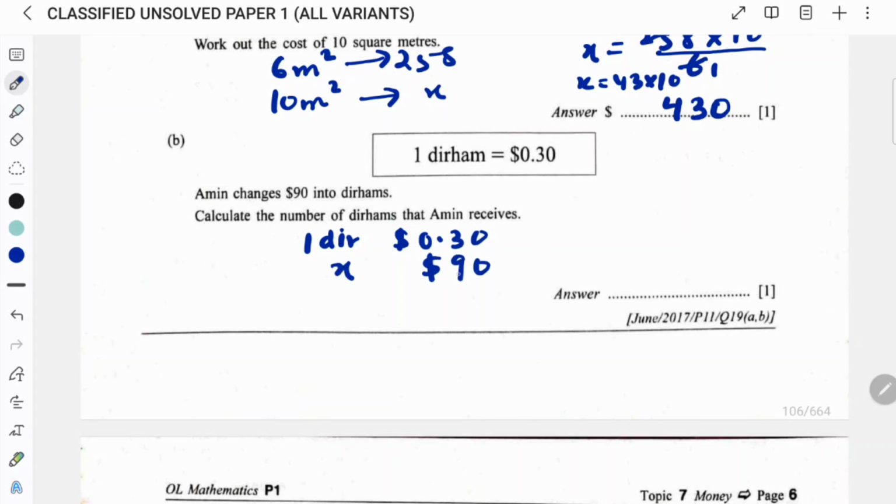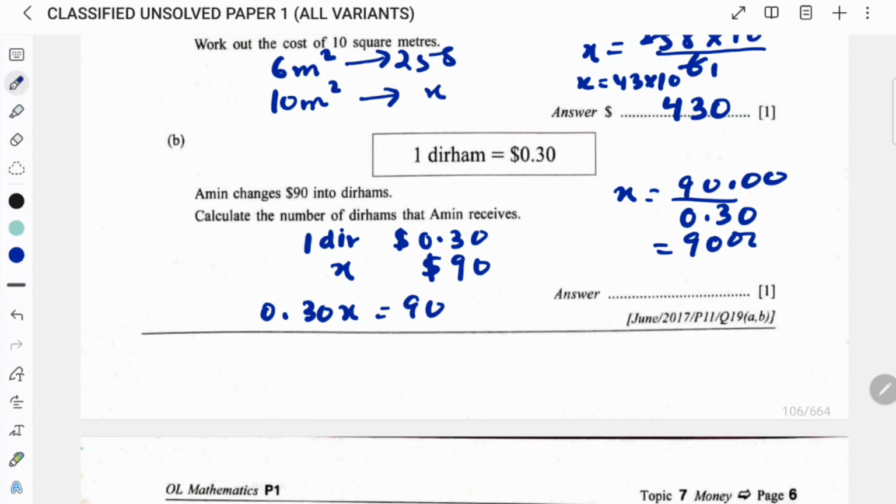Cross multiply, and you will get 0.30x is equal to 90, and x is equal to 90 divided by 0.30. You can write down 9,000 divided by 30, and that is 300, the answer.